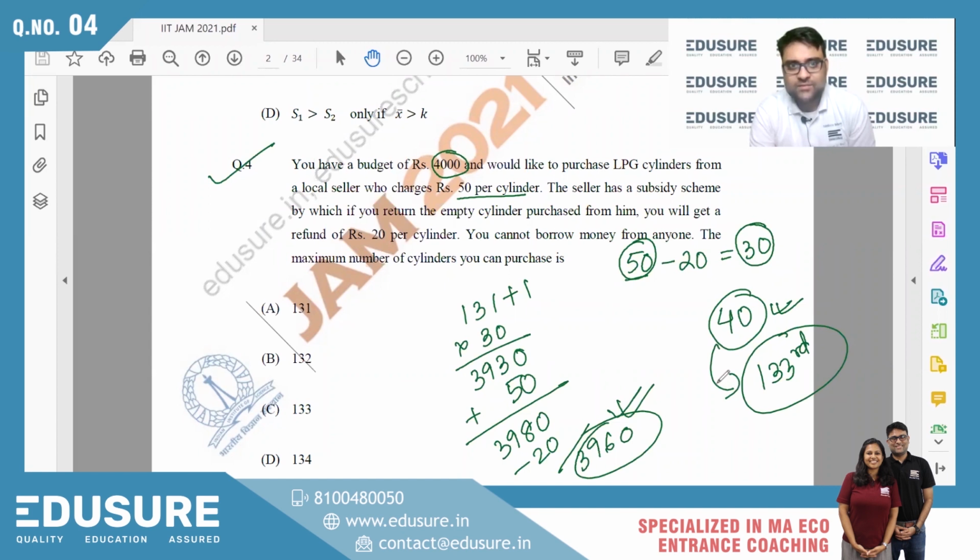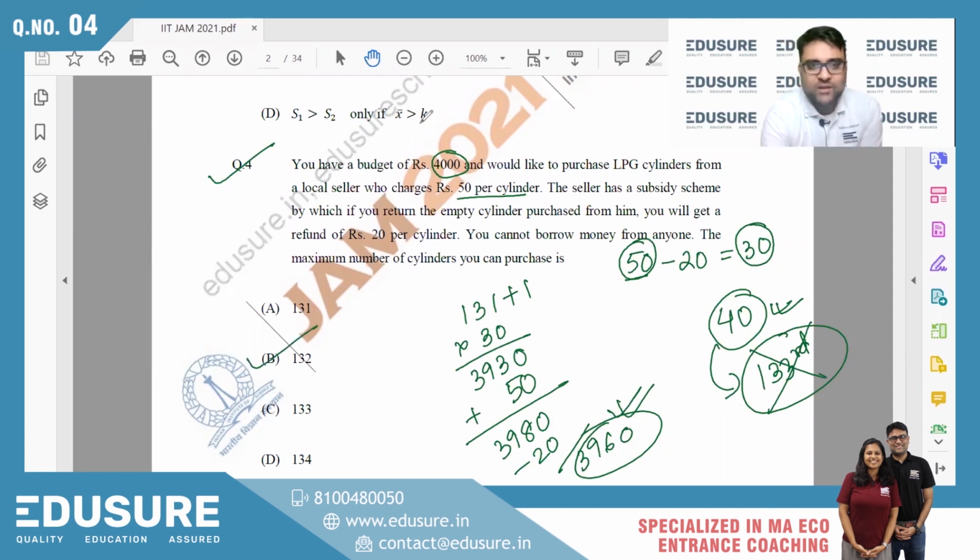That is my question. Put it in the chat box. Yes or no? Can I buy or can I not buy? I need 50 rupees to spend in order to buy one more cylinder. How will I buy with 40 rupees? I cannot buy. So the 133rd cylinder I cannot buy. I can only buy 132 cylinders.